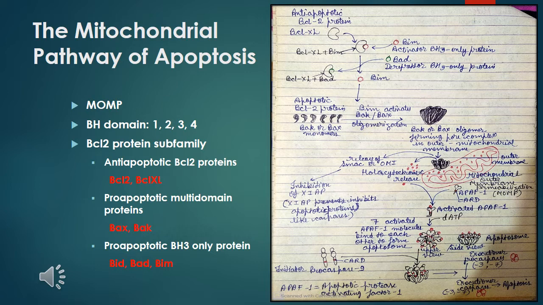In the cytosol, holocytochrome C binds to APAF1 protein, that is apoptotic protease activating factor 1, inducing it to bind with a molecule of dATP so that it may oligomerize to form a complex of 7 APAF1 molecules as shown in this diagram. It forms a cup-like structure. Here it is shown as a cup.